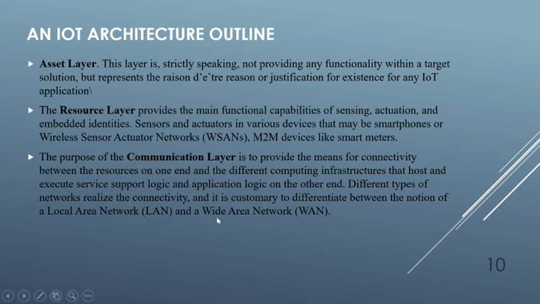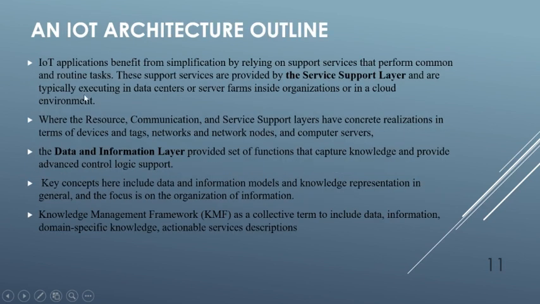The final layer in our architecture outline is the business layer, which focuses on supporting the core business or operations of any enterprise, organization, or individual that is interested in IoT applications. This will help the organization or the individual to develop.